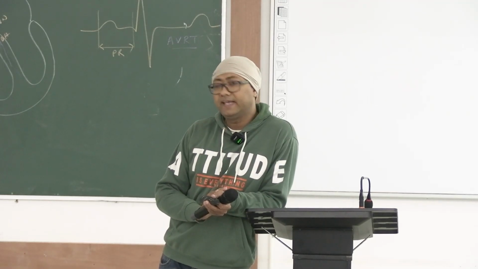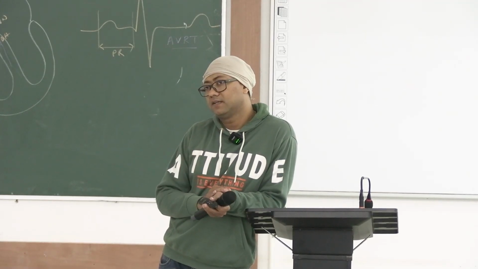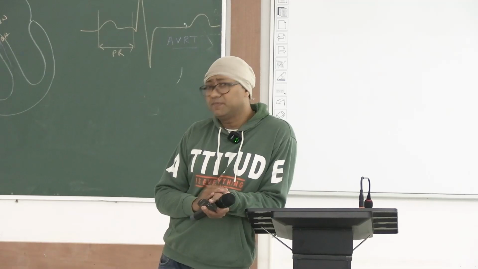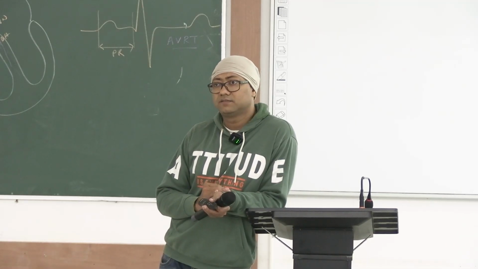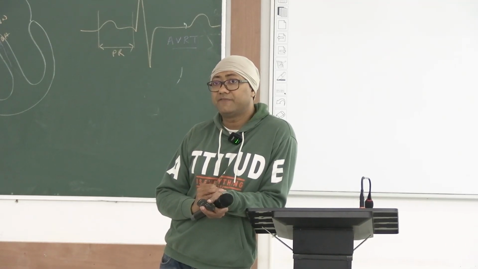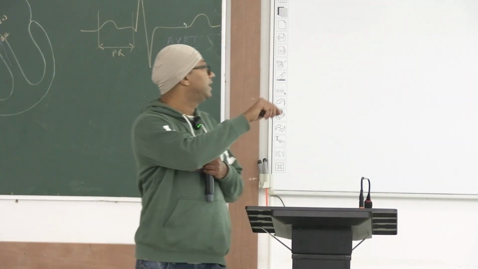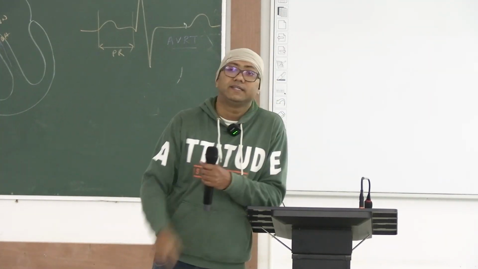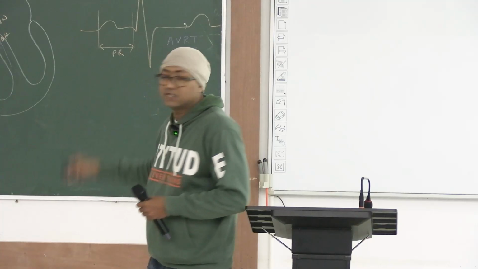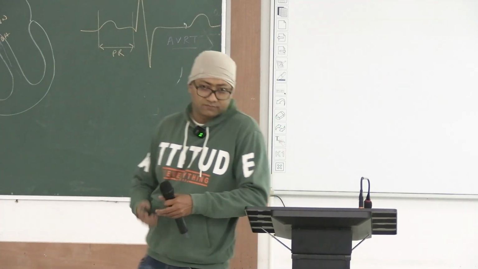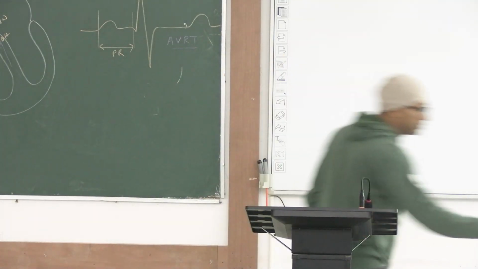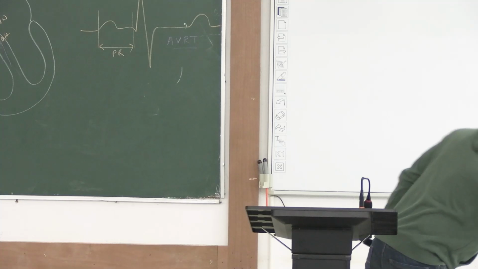Right? If the patient is having symptoms like palpitations and you perform an ECG and you see this early rise, it is called the delta wave, okay? This early rise is also called delta wave.